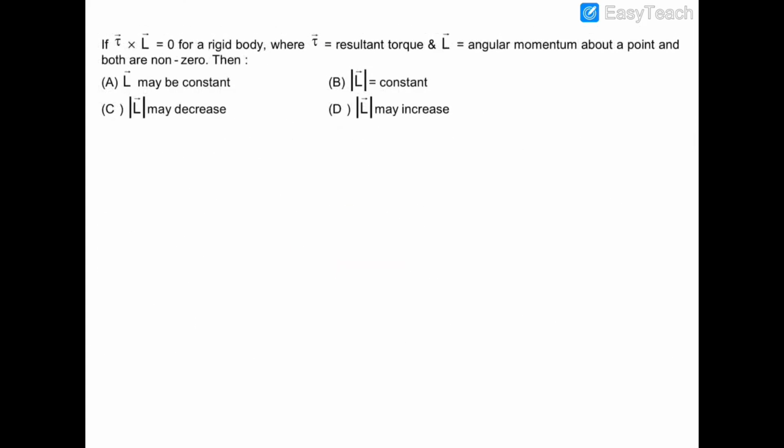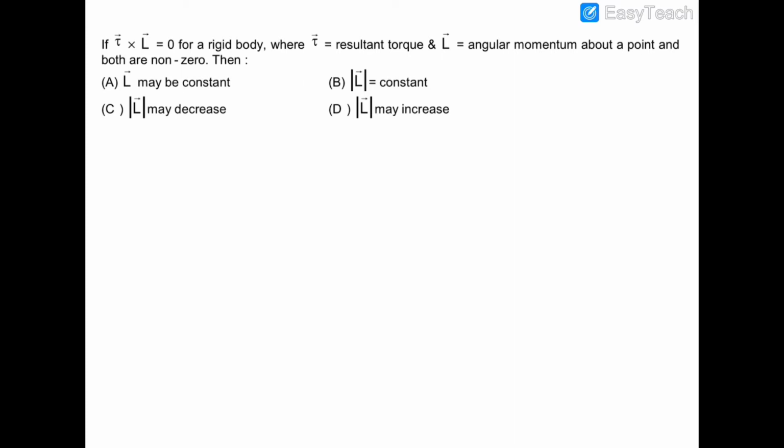In this question, it is given that torque cross angular momentum for a body is 0, where tau is the resultant torque and L is the angular momentum of that body about some point, which is the same for both torque calculation and angular momentum calculation, and we have to choose the correct option.